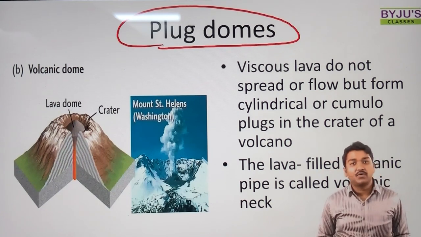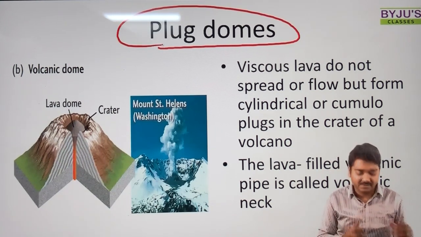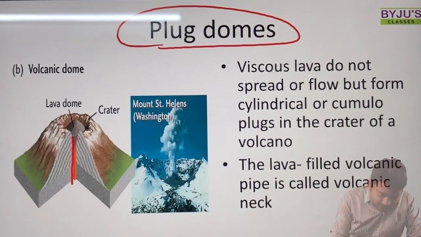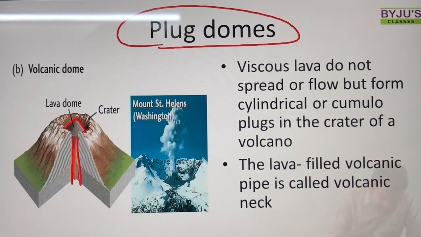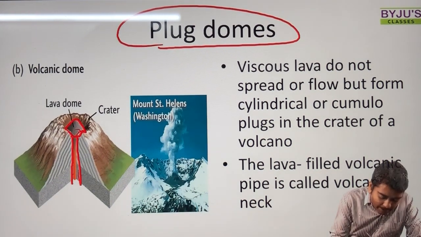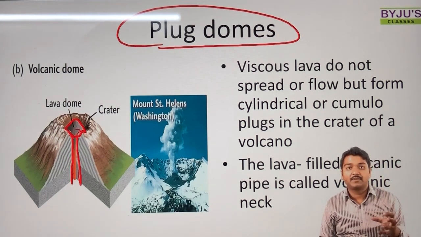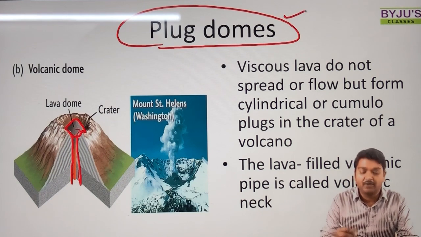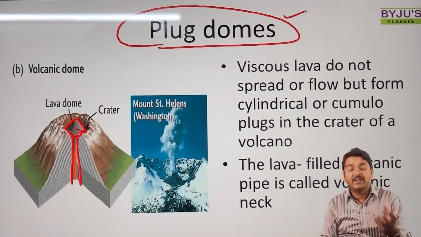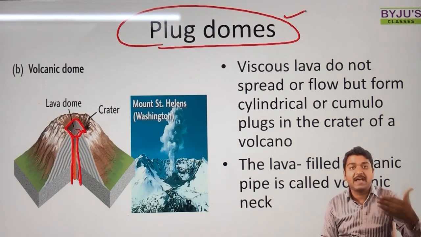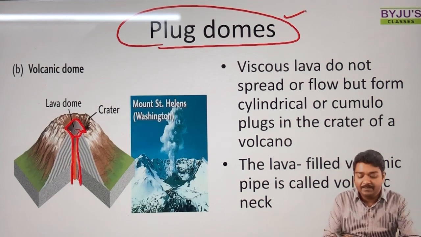Plug domes, as I have told you: whenever the lava hardens, see here, it is getting hardened in this dome. Whenever the plug is formed, we call it plug domes. It blocks, and then you see violent explosions happening. When does this happen?